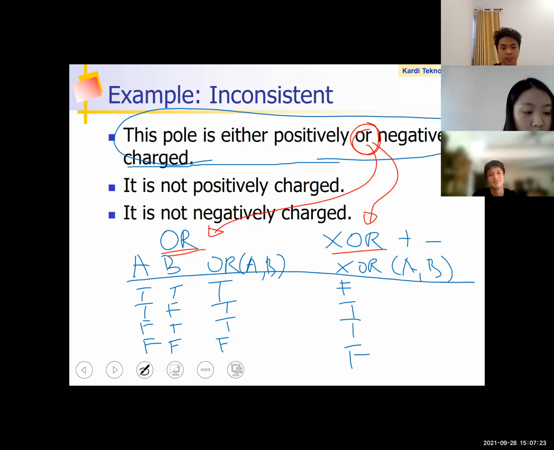So is there any pole that is actually both positive and negative? No, it's either positive or negative. Exactly. So that means if both of them are happening, it's false, right? So that means this or here does not mean real or, this or here represents XOR actually.